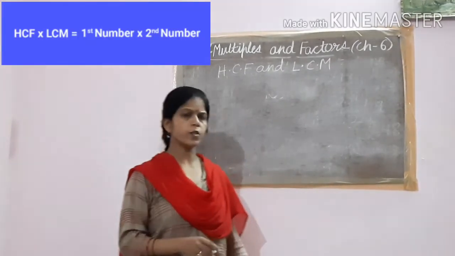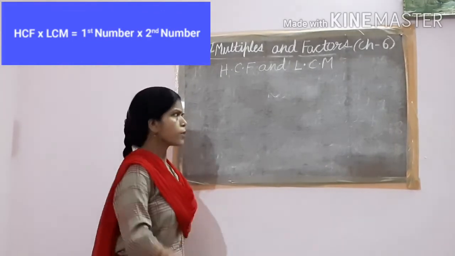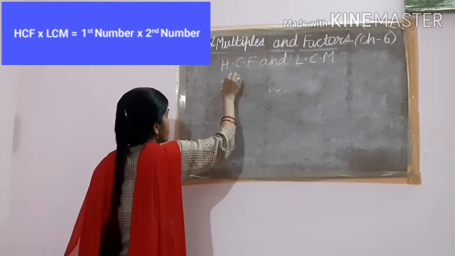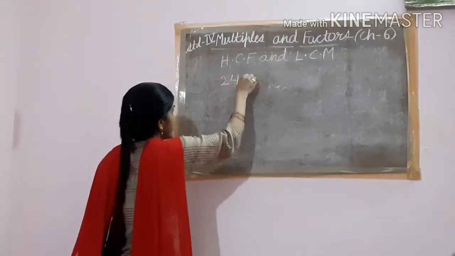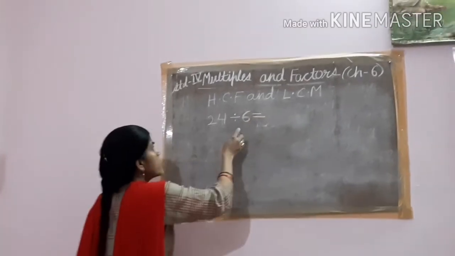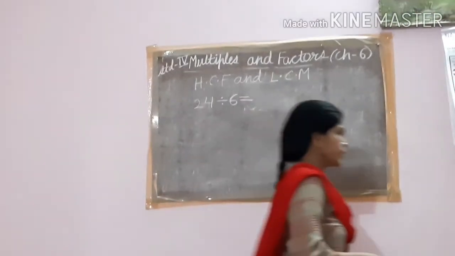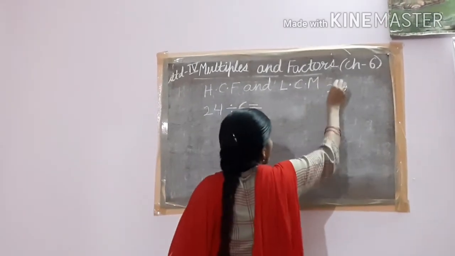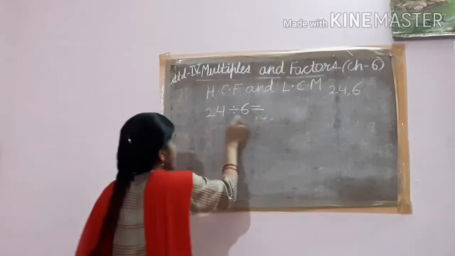Like I am showing you by writing one example. Suppose I have taken two numbers, 24 and 6, and I am dividing 24 by 6.